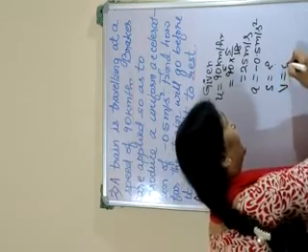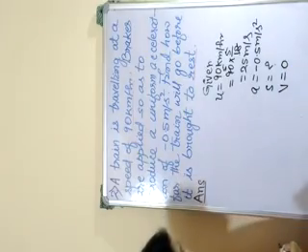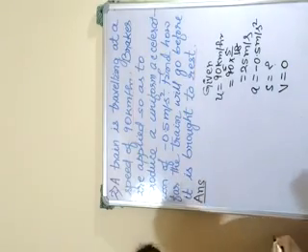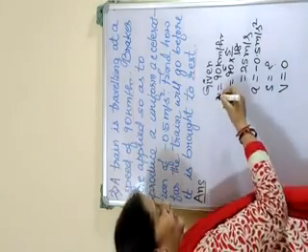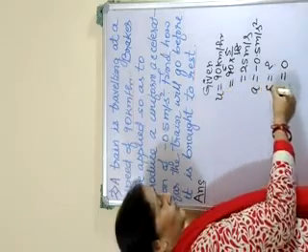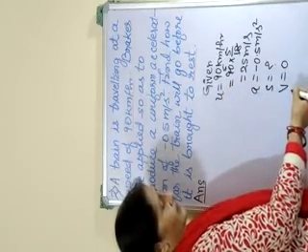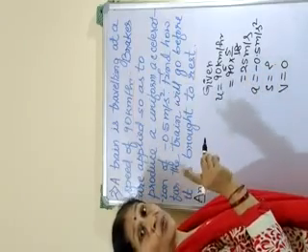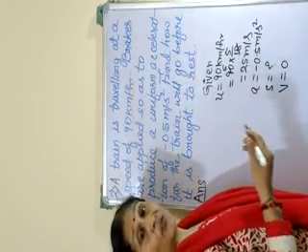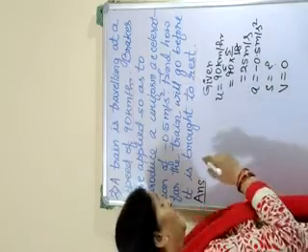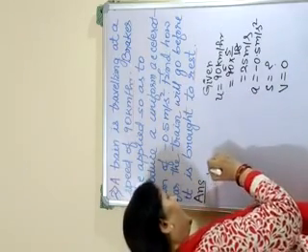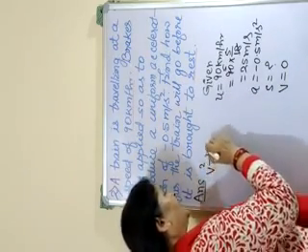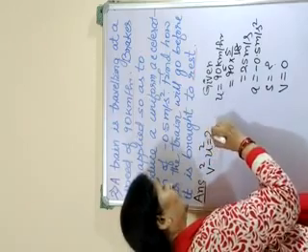Which formula will work here? There are 4 physical quantities and one you have to find out. Then you have to judge which formula you will select. Then certainly you will select v square minus u square is equal to 2as.